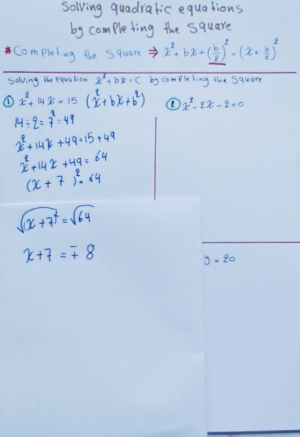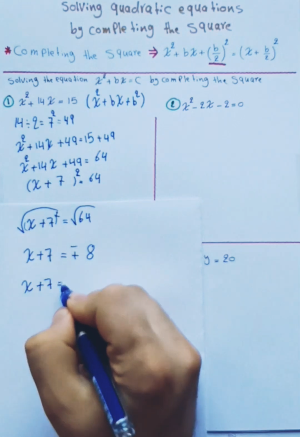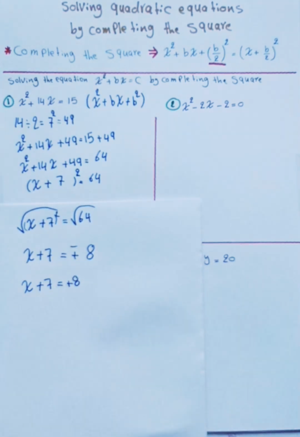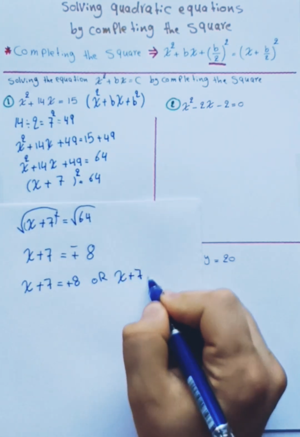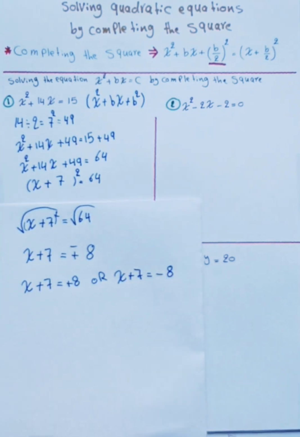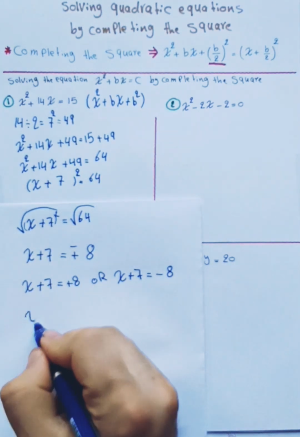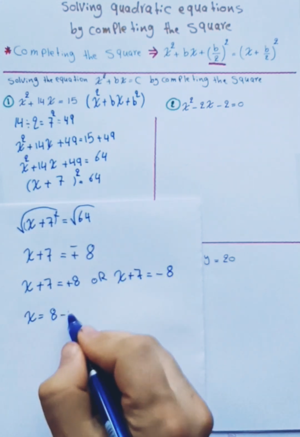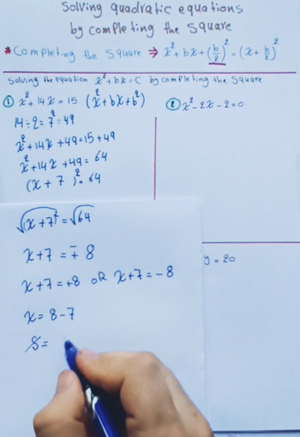After that, we have to write and solve two equations: x plus 7 equals positive 8, or x plus 7 equals negative 8. We have to find the value for x for each equation. So x is equal to 8 minus 7, which equals 1.